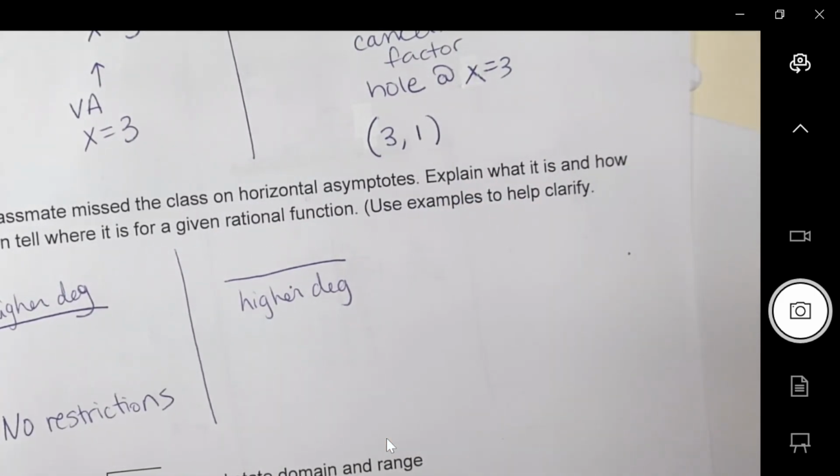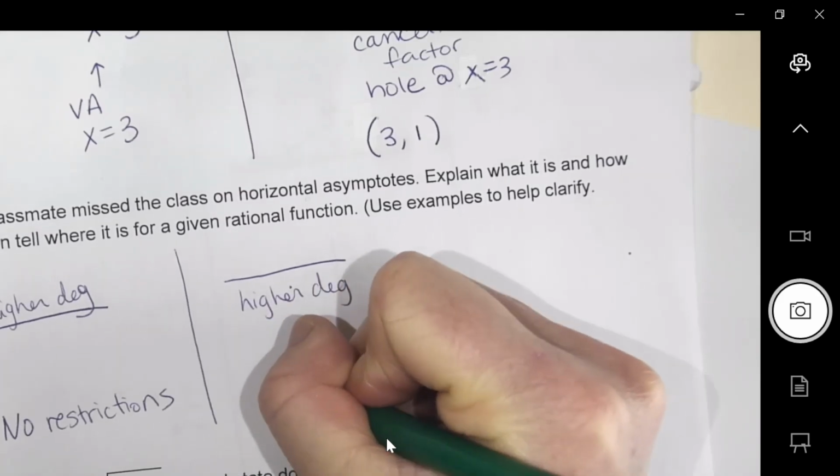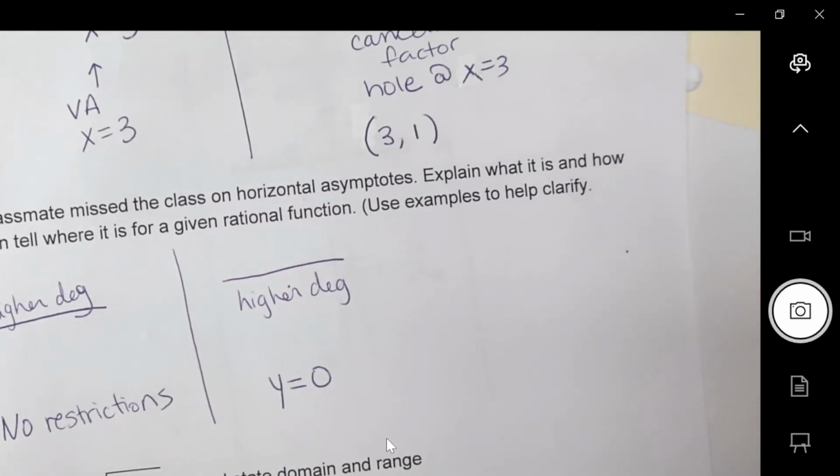And the other rule is if the degree is higher on the bottom, your number gets smaller, smaller, smaller, which means you go to 0.